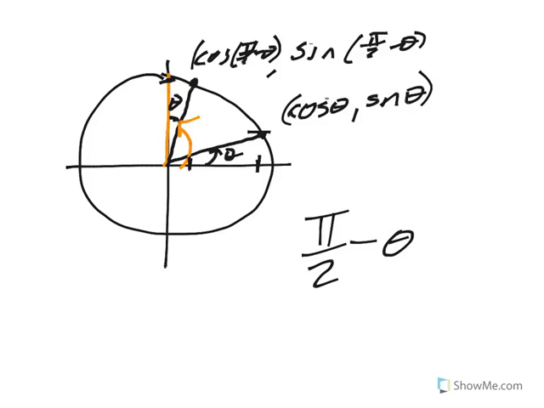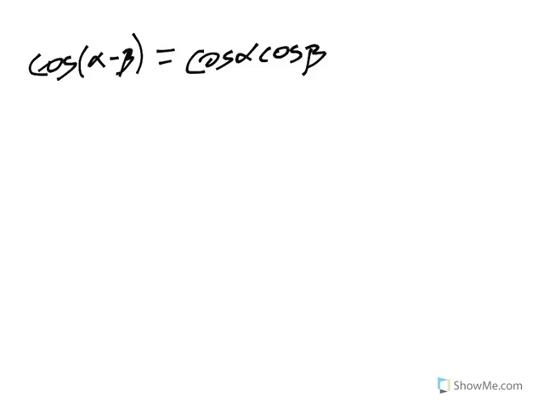And that's what we're going to algebraically sort of show. So we're going to use those cosine of a sum and cosine of a difference identities. So a quick reminder of what those are. Cosine of the difference of two angles is cosine of the first, cosine of the second, plus sine of the first, sine of the second.